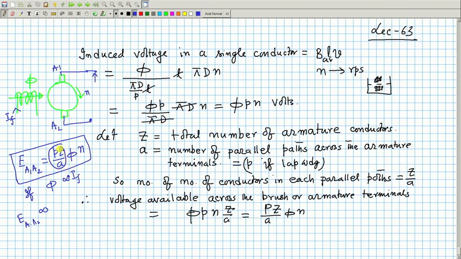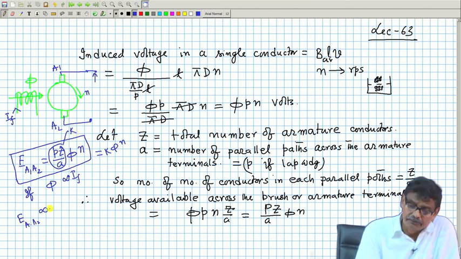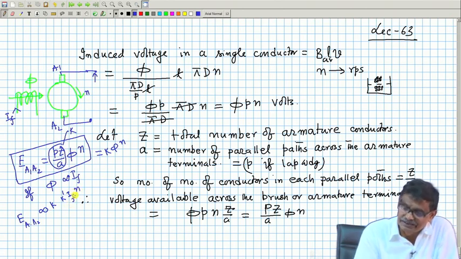Once the machine has been manufactured, the number of poles, Z, A are fixed, you cannot do anything with that. So, it is sometimes written like this, machine constant K phi n, where K is this, and generated voltage can be also sometimes written with this K and this phi with some constant, say K dashed, into IF into n, if it is a linear magnetic circuit.